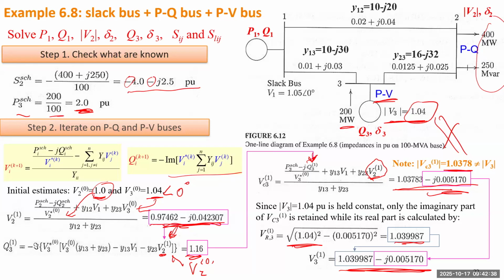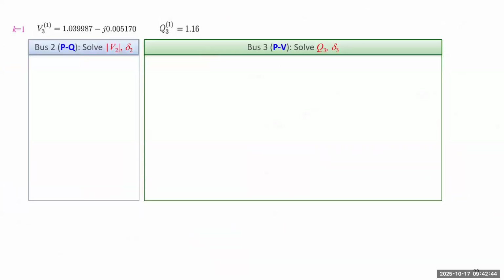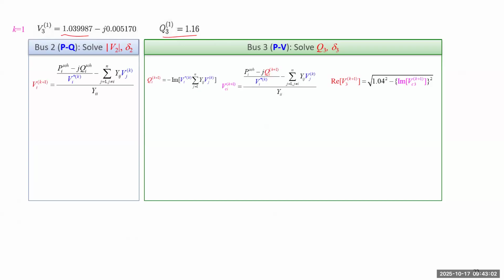You need to continue this process until the update is less than the tolerance. On this slide, I summarize the results from the other iterations. Those are the values from the previous slides after the first iteration, and in the two columns, we iterate for bus 2 and bus 3.